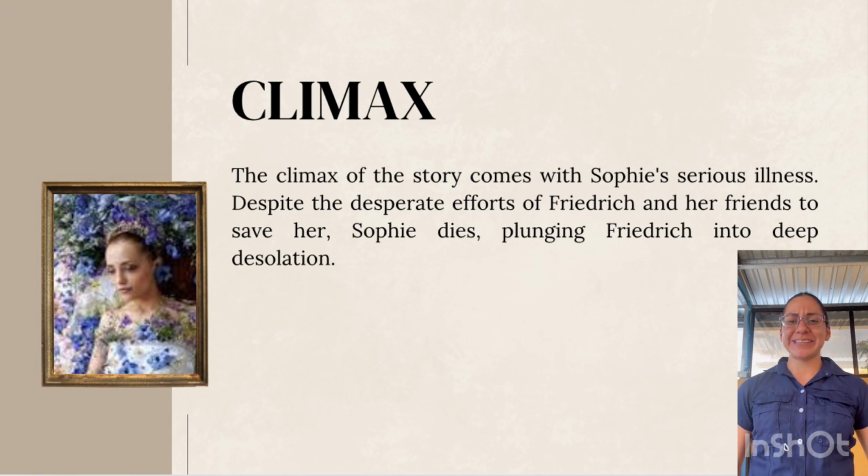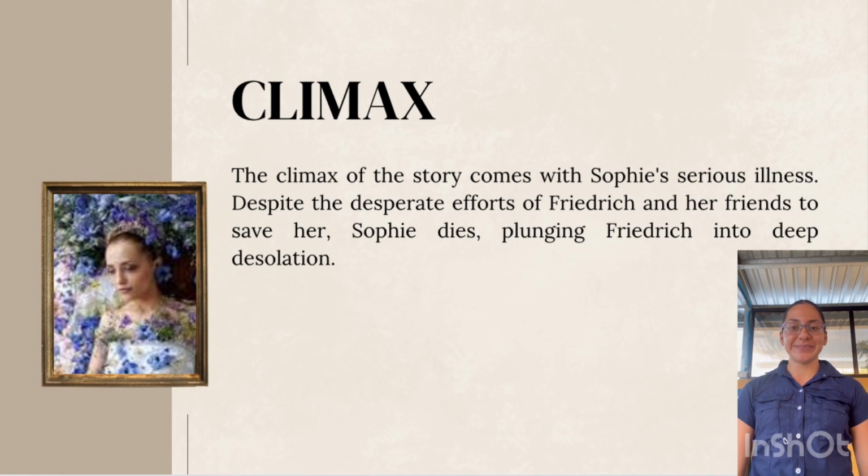The fourth part is the climax. The climax of the story comes with Sophie's serious illness. Despite the desperate effort of Friedrich and her friends to save her, Sophie dies, plunging Friedrich into deep desolation. In this part of the story, the pinnacle of tension and emotion is reached.